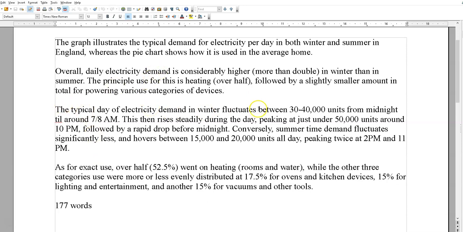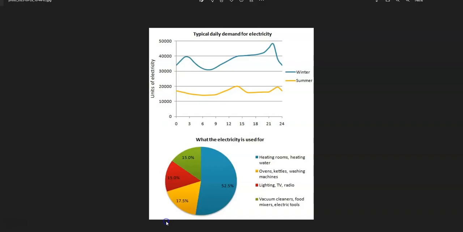A typical day in winter fluctuates 30,000 units from midnight to around 7 to 8 a.m. So we can see from here, this is a 24-hour period, yeah, so that would be midnight, 12 a.m. and then to 12 p.m. So we can see in the early hours, about maybe 7-ish, 8, there's some fluctuation, but it's still between 30,000 to 40,000.